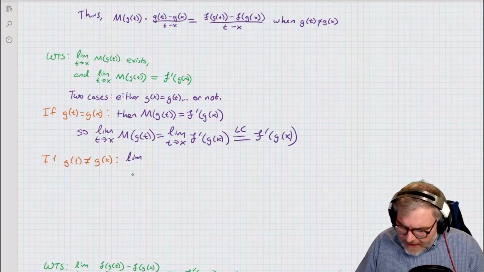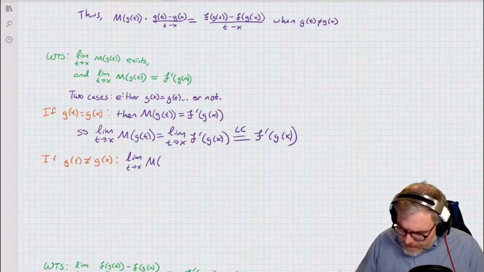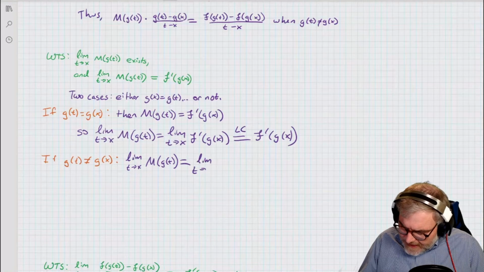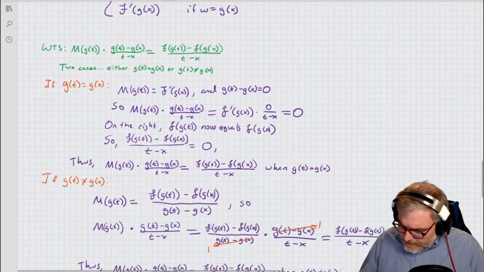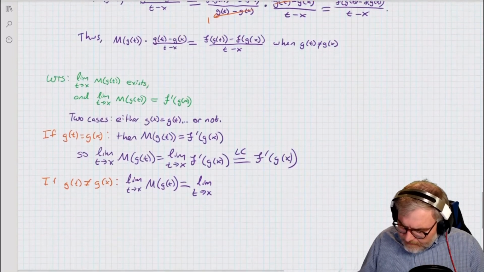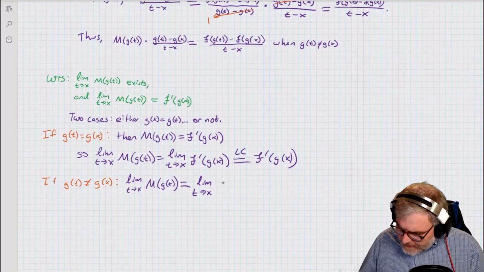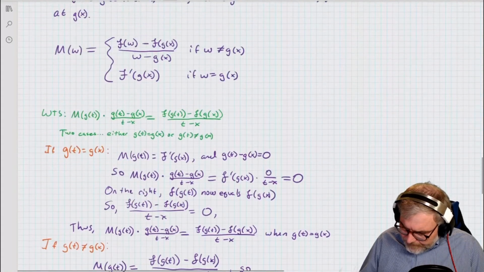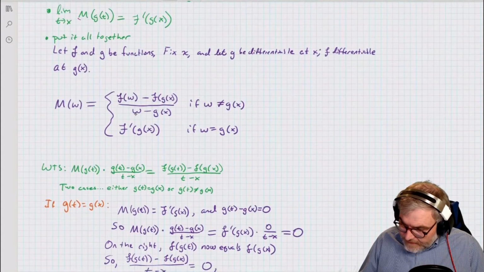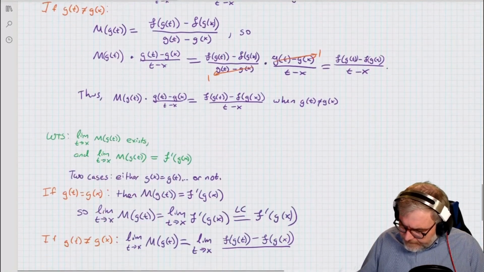Okay, the limit as t goes to x of m of g of t equals the limit as t goes to x, and I'm just going to sub in the old difference equation that I had before, right? So this one's m. So this is f of g of t minus f of g of x all over g of t minus g of x.